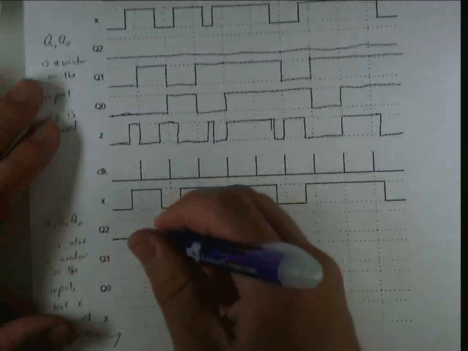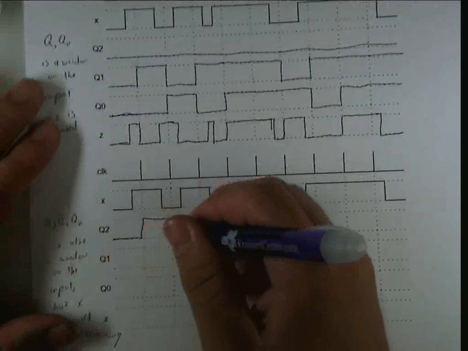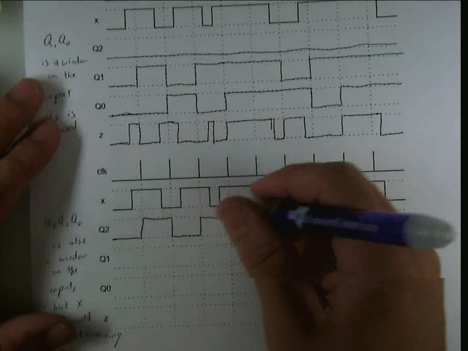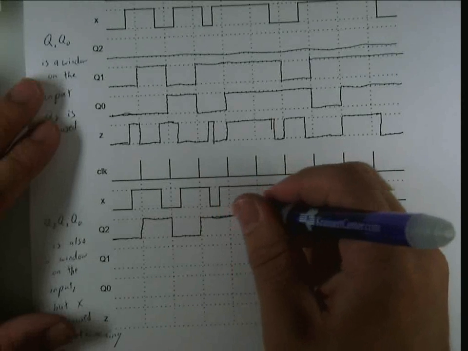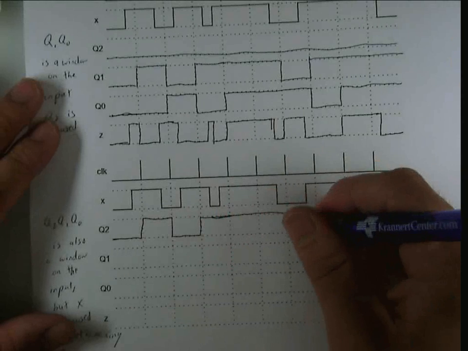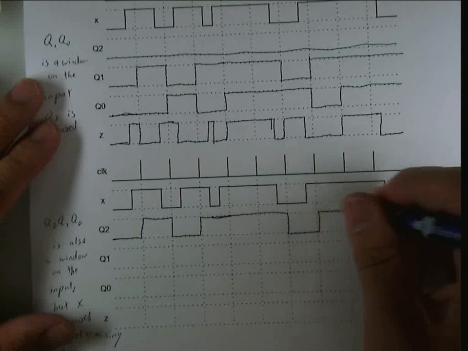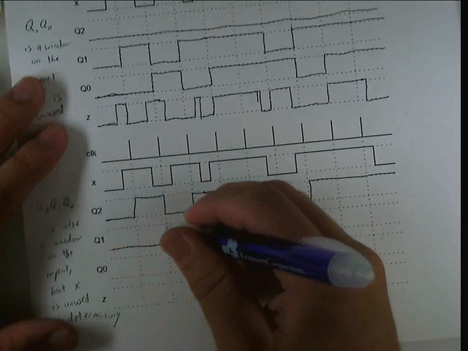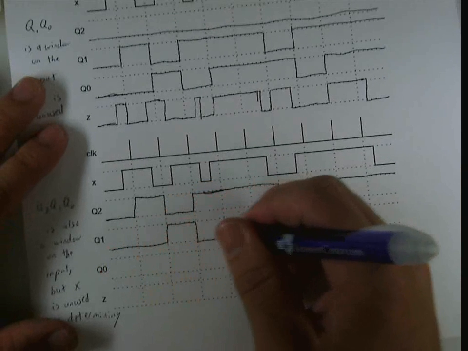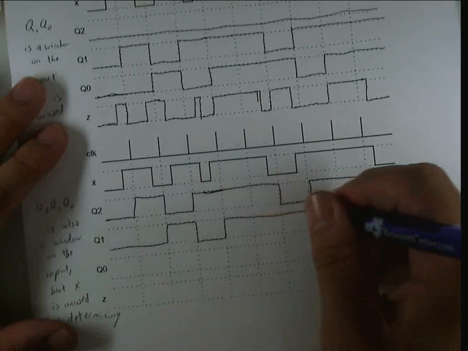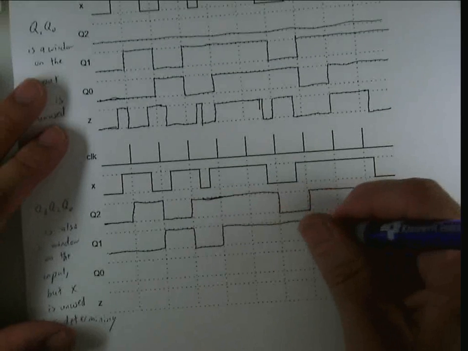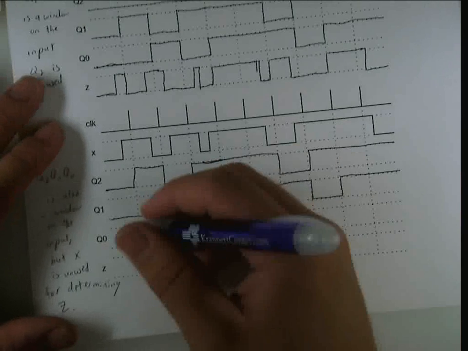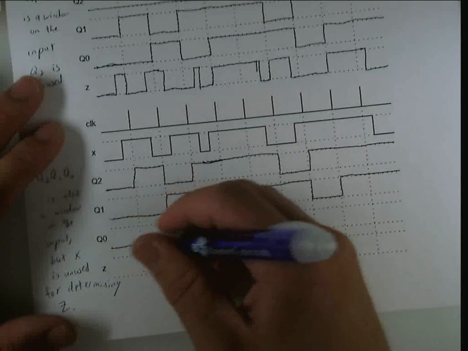So we've got this. And then Q1 is just going to be the shifted version. And Q0 is going to be shifted one more time.